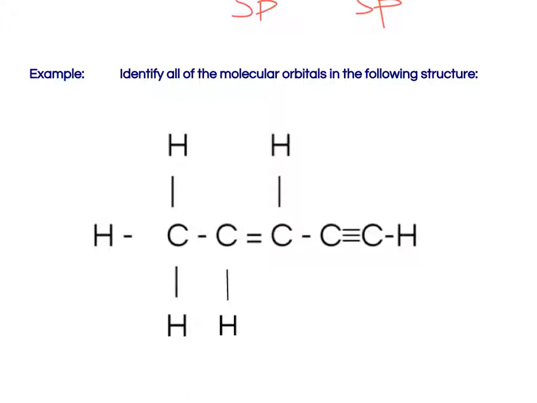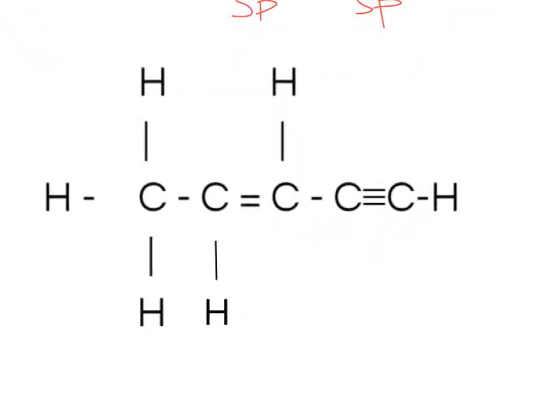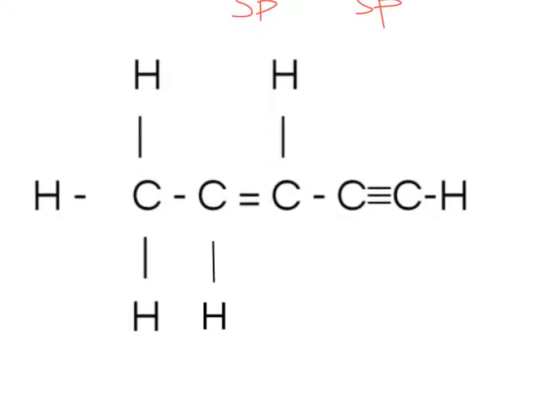Okay, so I'm going to take up this question, and when I go through a problem like this, I like to think about each carbon at a time. I'm going to enlarge this a little bit so it's not as messy. I usually start by naming all the bonds as either sigma or pi. Any single bond is going to be a sigma bond.